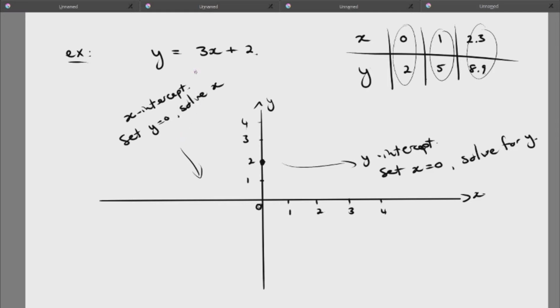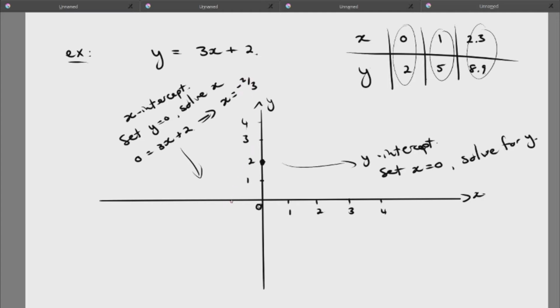It's a little backwards, but it's the way it's done. I have to solve for x in the equation 0 equals 3x plus 2. And then I would go about my business for how to solve equations: move the 2 to the other side, divide by 3, and x is going to be negative 2/3.